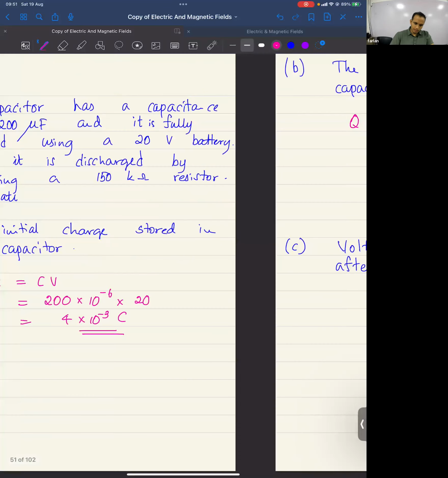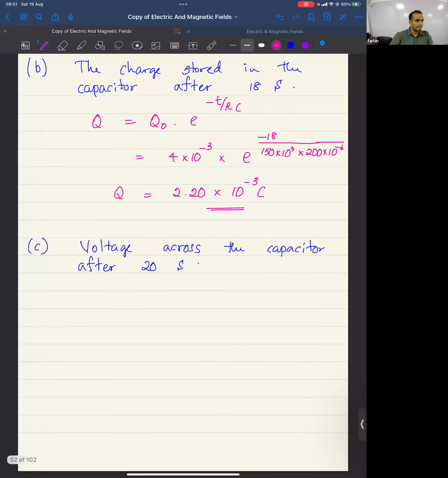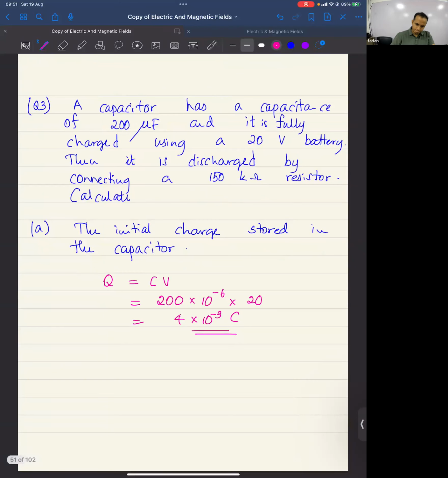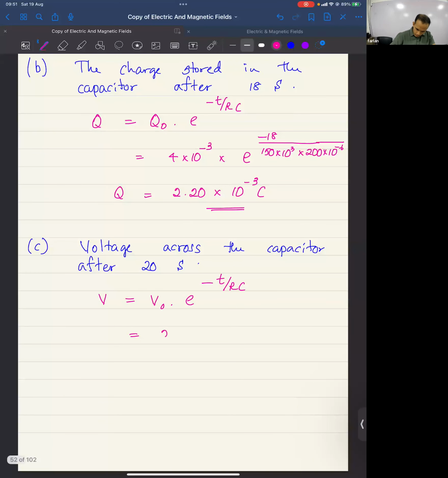Voltage across the capacitor after 20 seconds. Initial voltage is 20. What did others get? 2.19, that's 2.20. Check it. So V equals V naught e to the power minus T over RC. Initial voltage is 20. E to the power minus T is 20 after 20 seconds. R is 150 into 10 to the power 3.